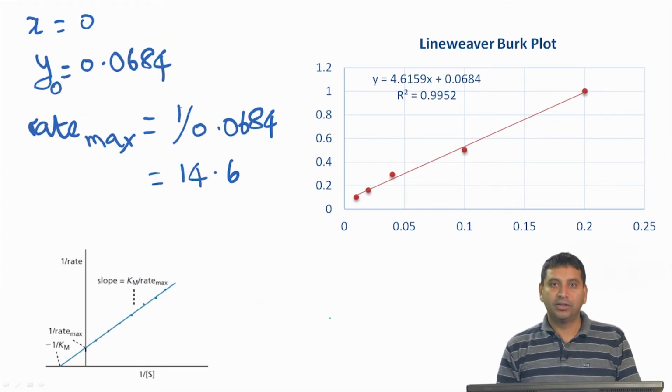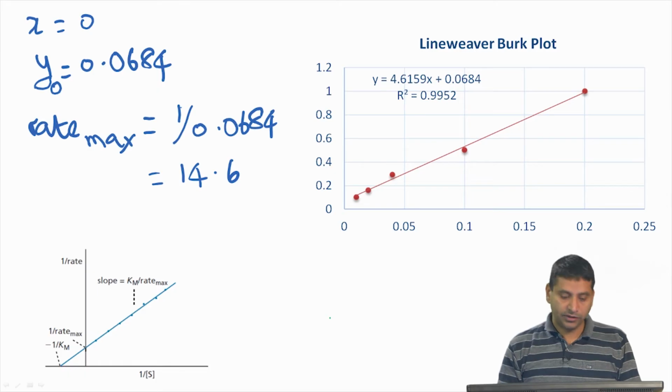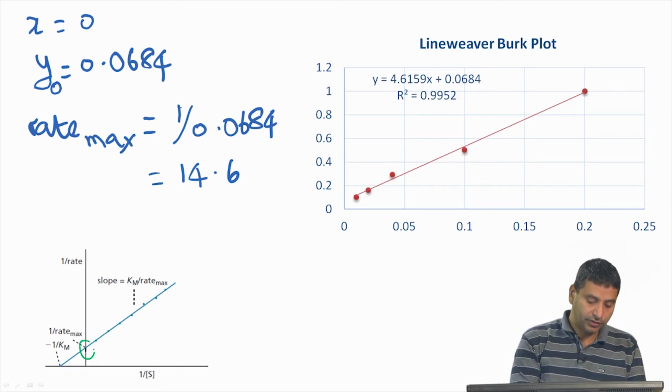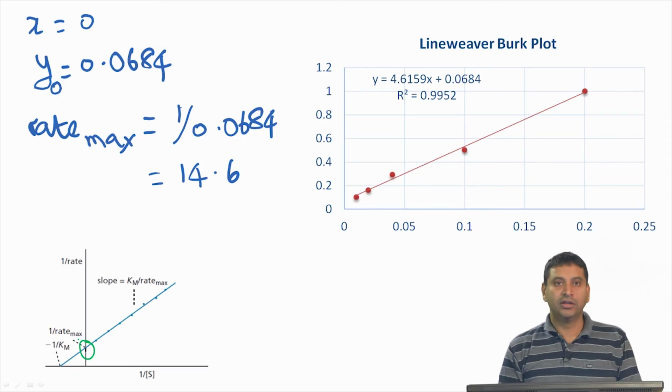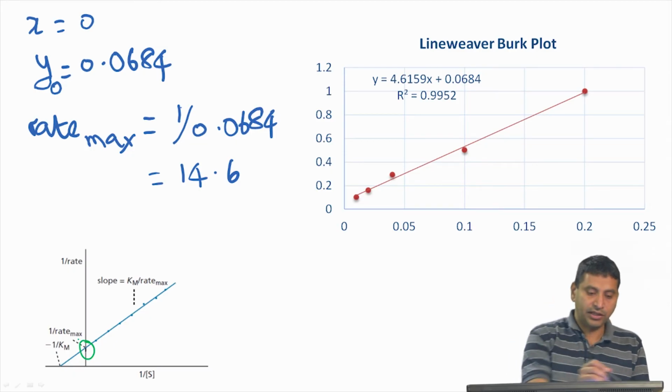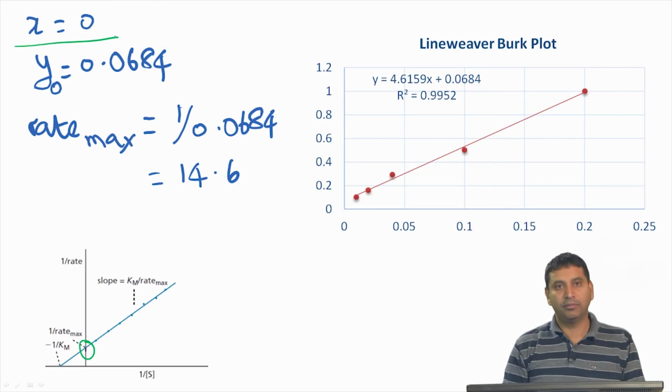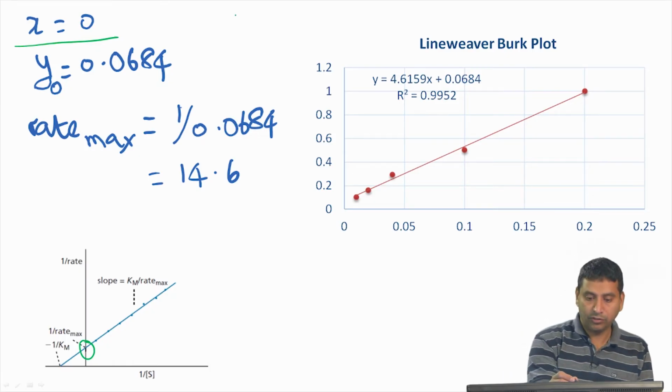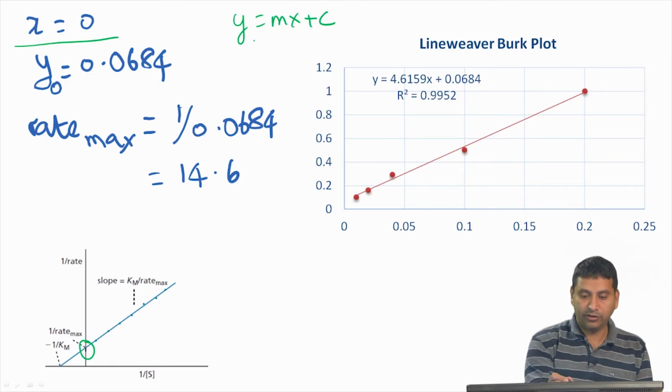Okay. Now, the next parameter is rate max, which is the intercept at the y axis. So, at the intercept on the y axis, x becomes 0. When I put x equals 0 in y equals mx plus c, then y becomes c.